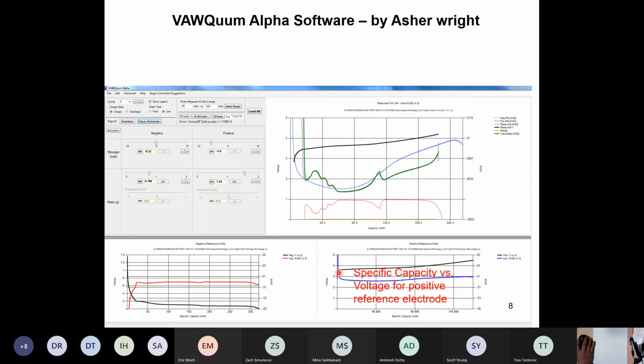First, you load up specific capacity versus voltage for the positive reference electrode, so that you have half cell data that you load into the program. And then you load specific capacity voltage for the negative electrode. So you have some half cell voltage capacity data that you collected in a half cell, and you load that in.